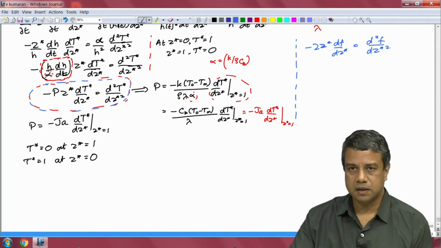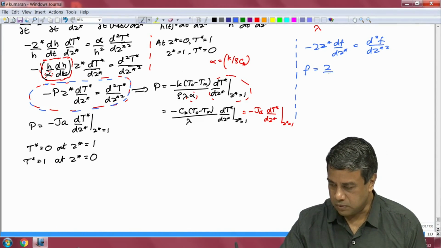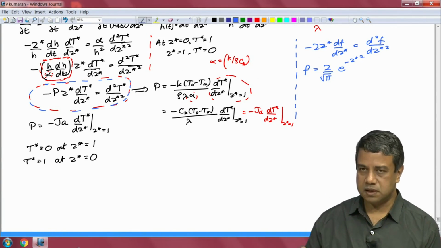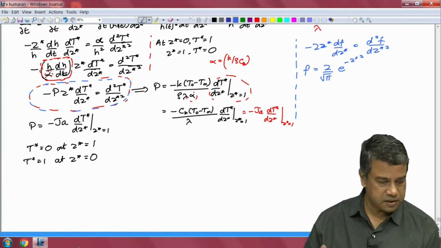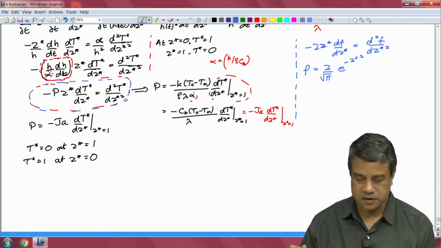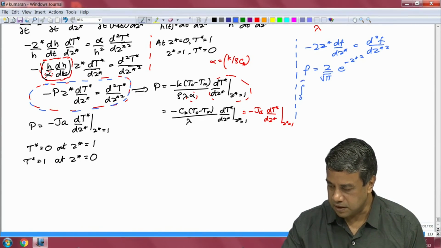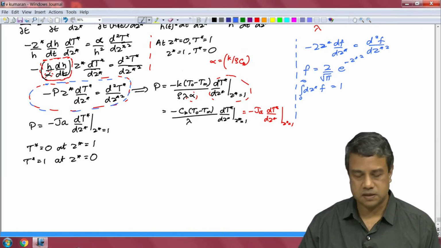And the solution for this was f is equal to 2 by root pi e power minus z star square. That was one solution. The other one was of course a constant. This factor of 2 by square root of pi is there because this is normalized in the sense that the integral from 0 to infinity dz star f has to be equal to 1. From that normalization condition we got that constant in front.